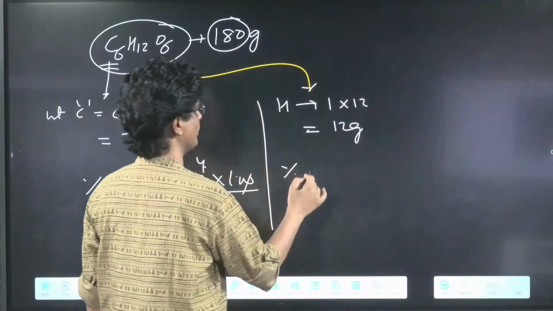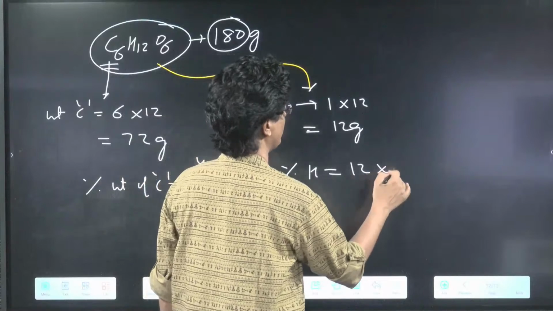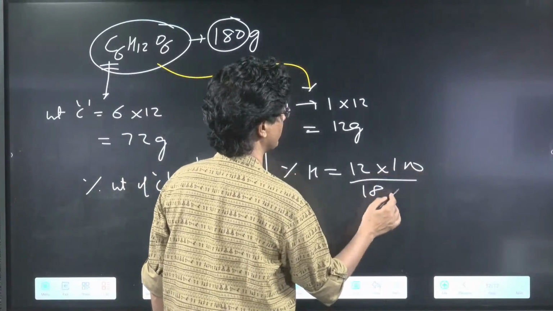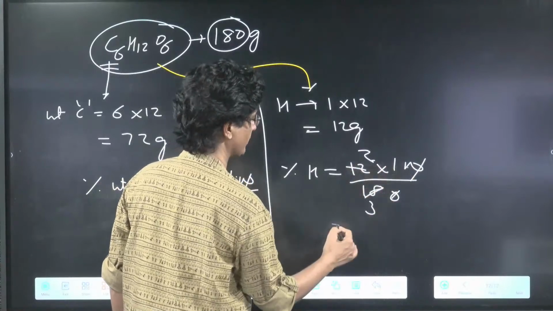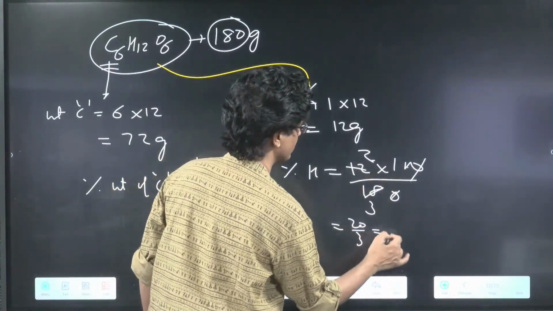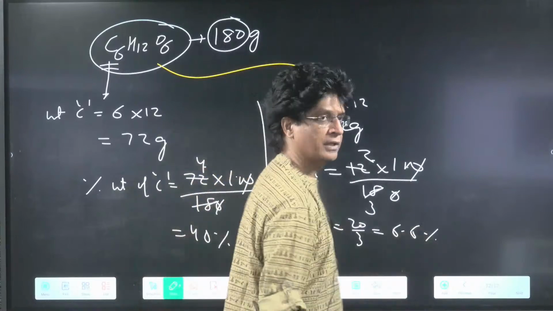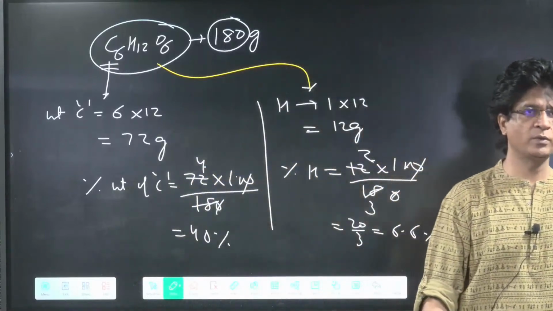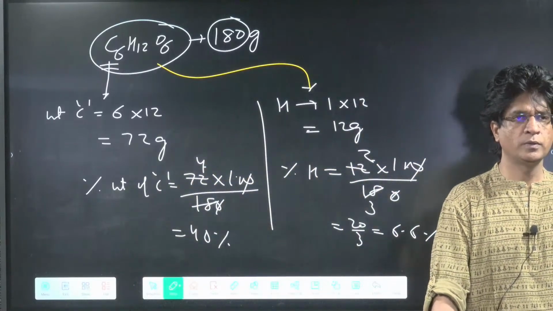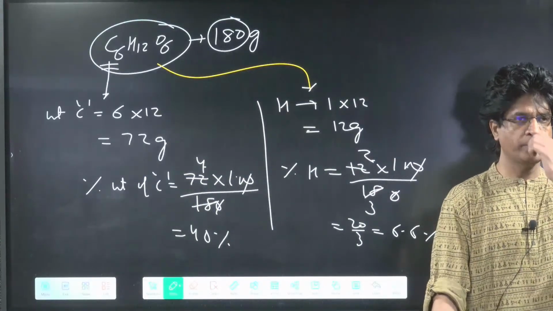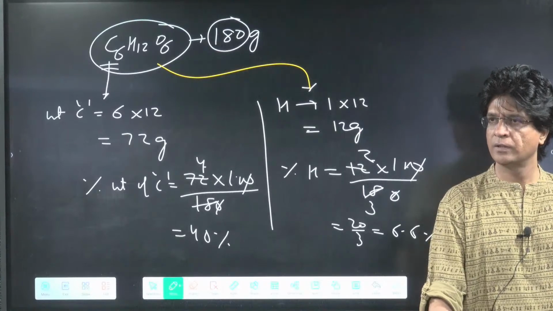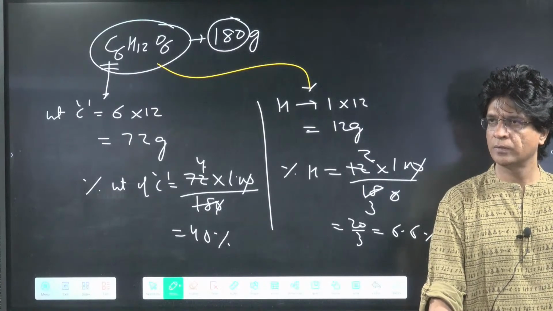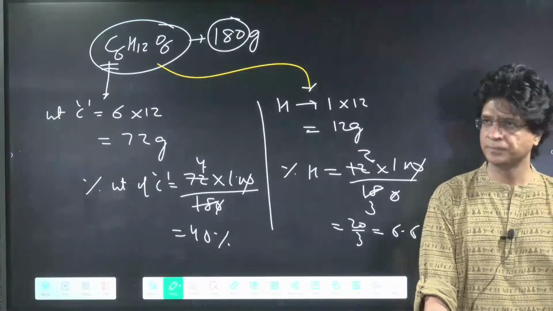So percentage of hydrogen will be 12 into 100 divided by 180. 20 by 3 will be 6.6%. Very good. Harita beta, it's not 3.3, it will be 6.6.